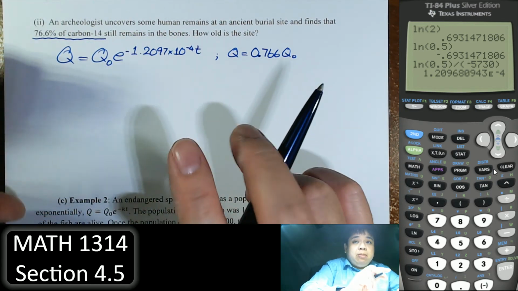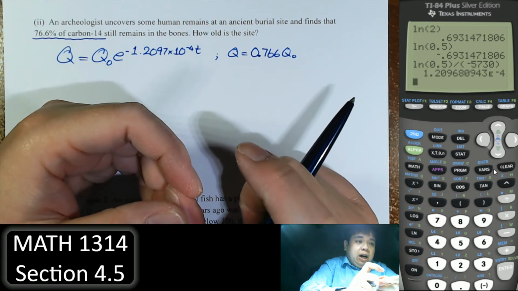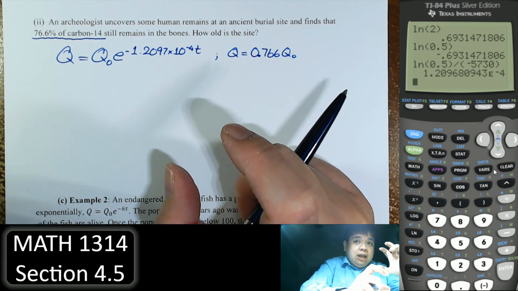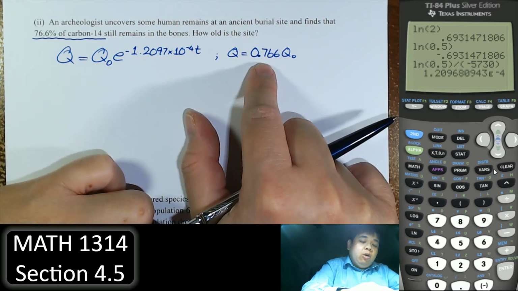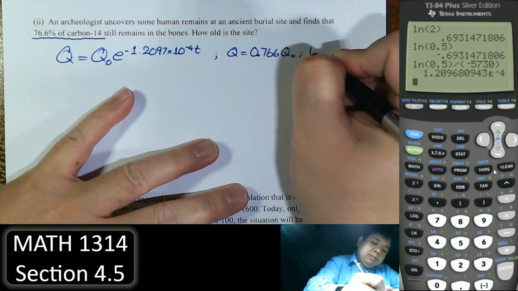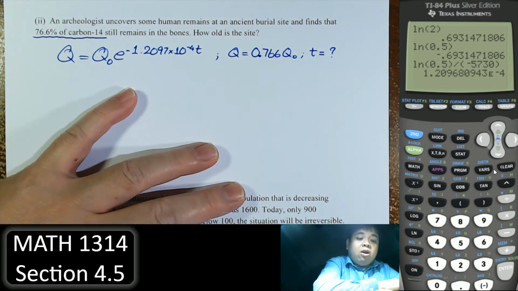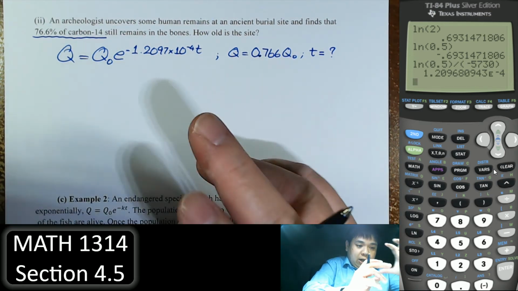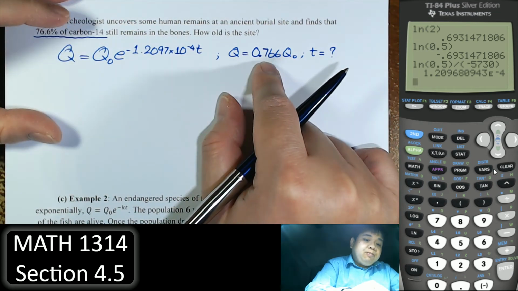It doesn't disappear, but it becomes another element. When it becomes another element, the amount of carbon-14 is decreasing over time into this much. And the question is, how old is that? How long does it take for an amount of carbon-14 to reduce to 0.766 of itself?